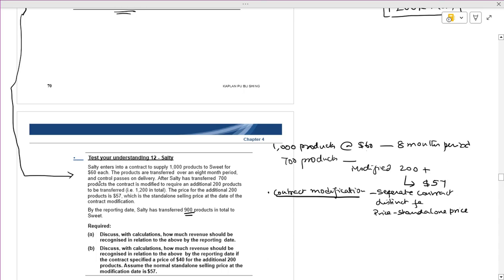By the reporting date, they have transferred and sold 900 products. Reporting date: 900 times 60 comes to 54,000.